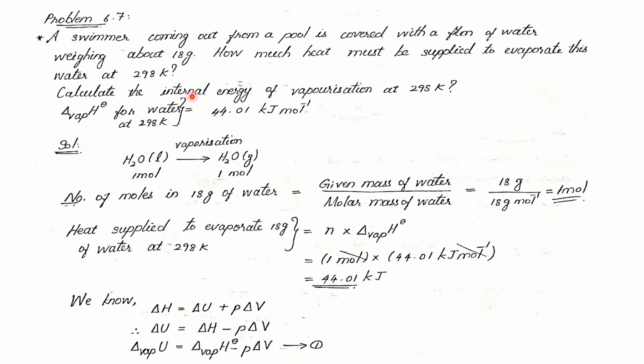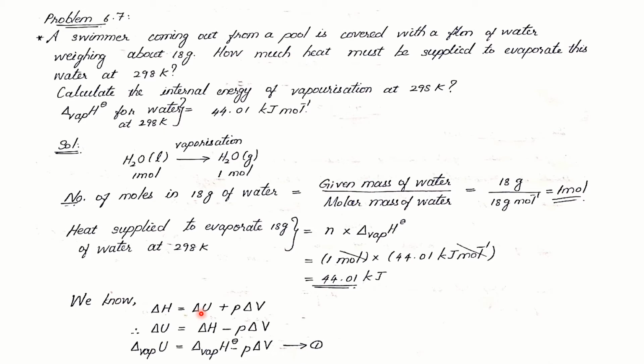But since we are asked to calculate the internal energy of vaporization, it deals with phase transformation of water from its liquid to vapor state. Therefore, this involves a change in the internal energy of water. So we will use the term delta U. Clear? We are provided with the standard enthalpy of vaporization, which is delta H.